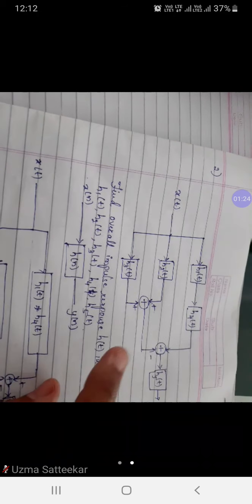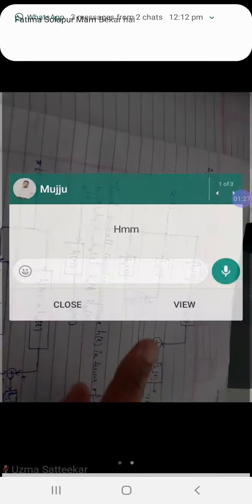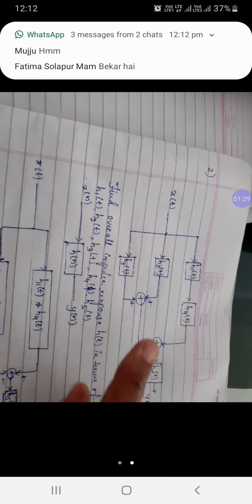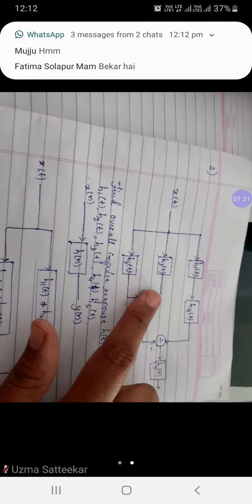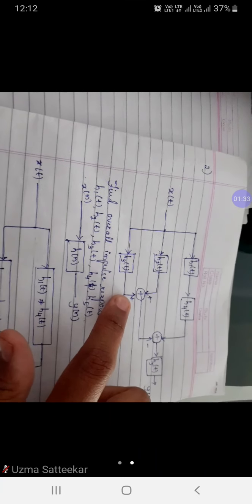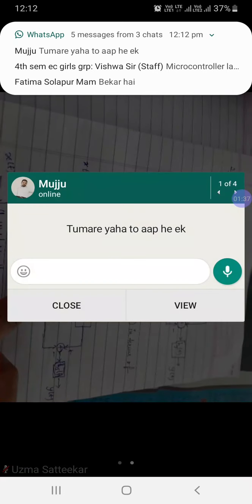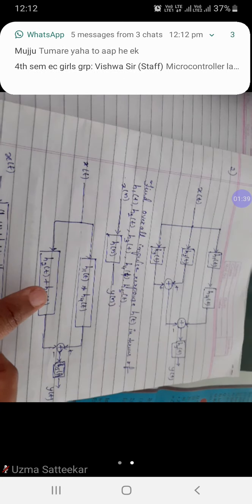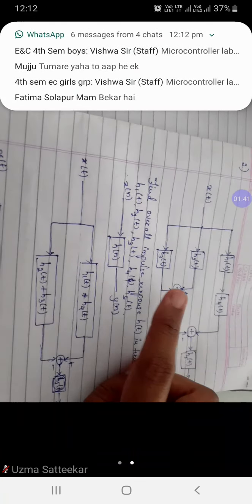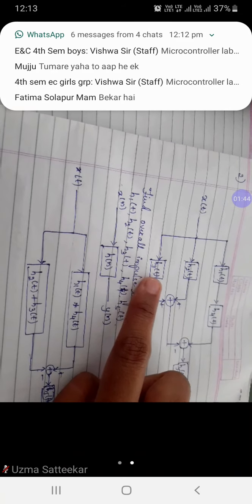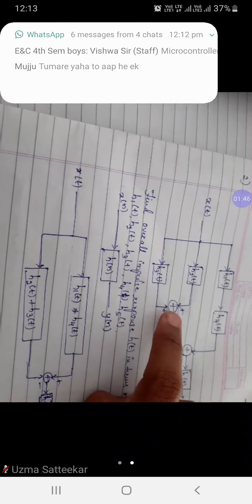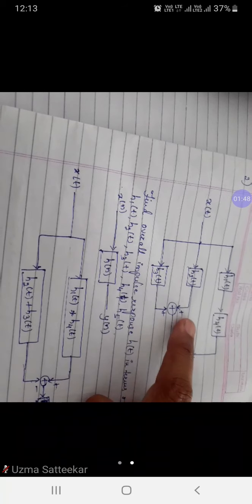Now simultaneously in the same step, this parallel connection, I will reduce it. H2 and H3 both are connected in parallel, and if you observe here, both are being added.